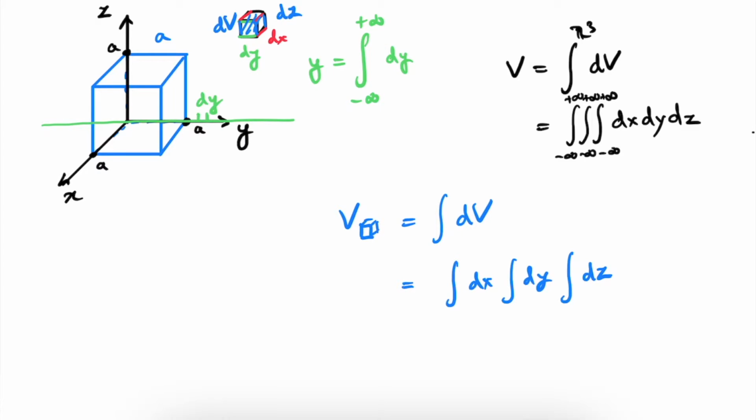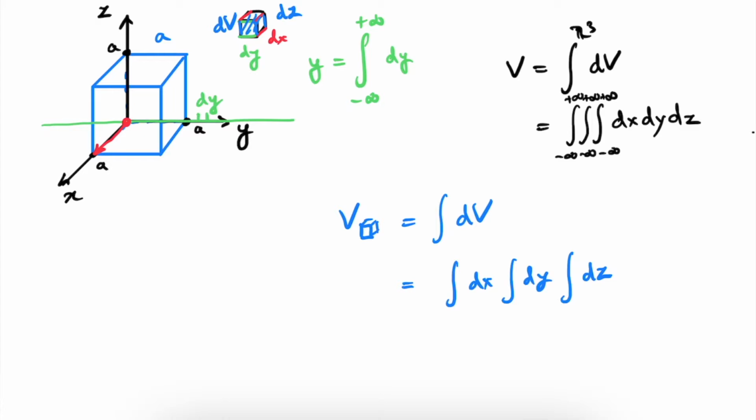And now we come to the point that really determines the volume of this cube, because we see on our figure that if we want to calculate the volume not of the entire space but only of this cube, we integrate, for example, x from 0 all the way to a and not to infinity.